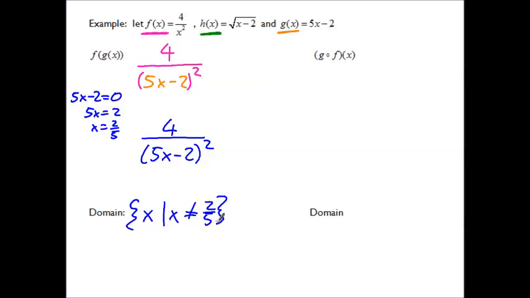Okay, in our next example, we're supposed to find g of f of x. So this time we're going to start off with f of x. f of x, we said, is 4 over x squared.